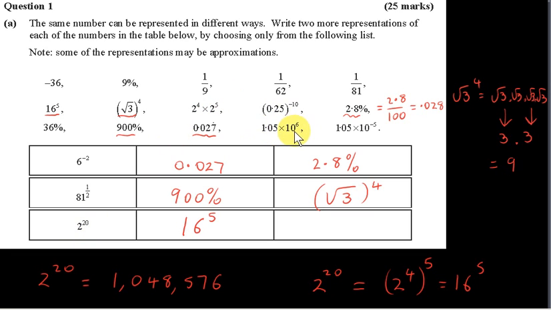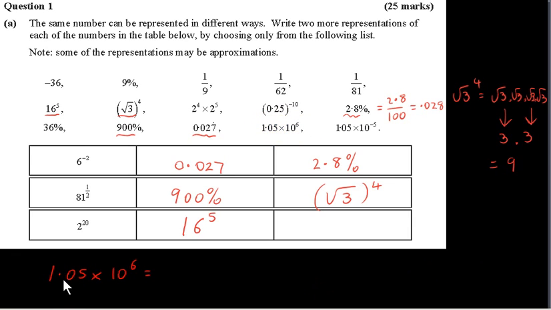Let's look at some of the large numbers that are left here. Now, this number is a large number, 1.05 by 10 to the power of 6. To work this out, we'd move the decimal point 6 places to the right, since we're multiplying 1.05 by 1 million. So what we get is 1,050,000. So the decimal point was here, and we move it 1, 2, 3, 4, 5, 6 places to the right.